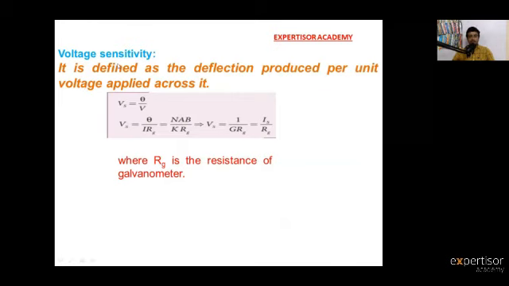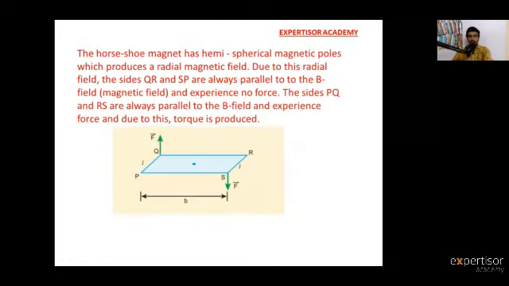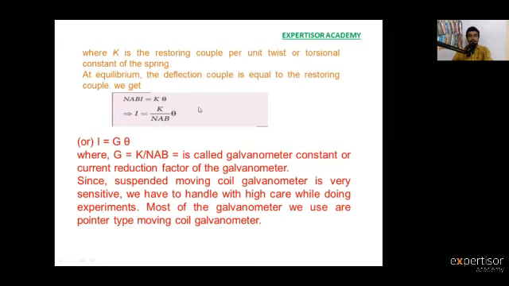So this is the information about the working of the galvanometer, the torque value of the galvanometer, and also the current sensitivity and voltage sensitivity.